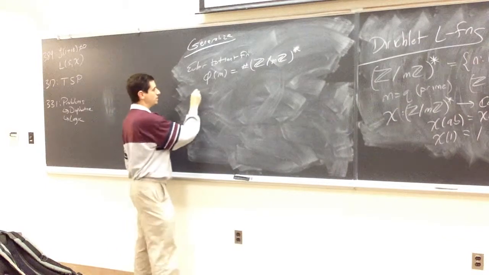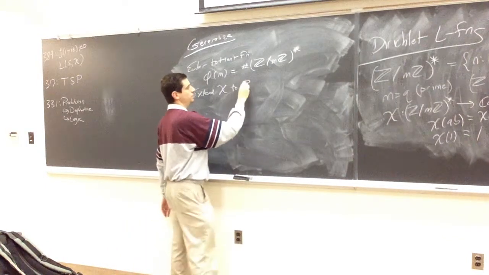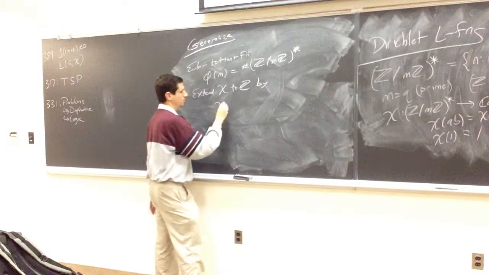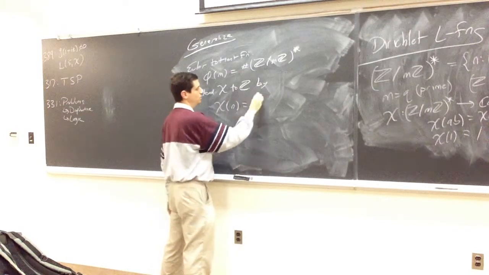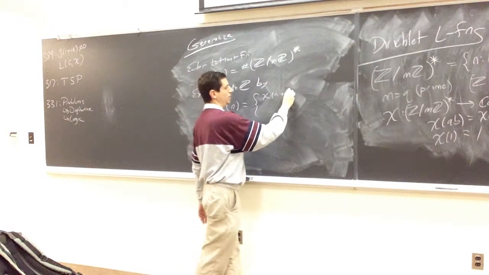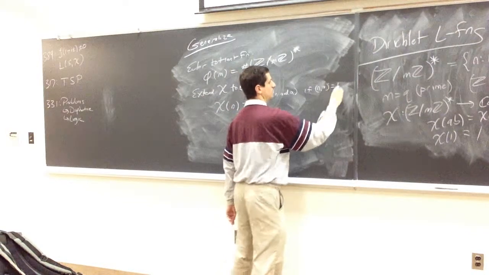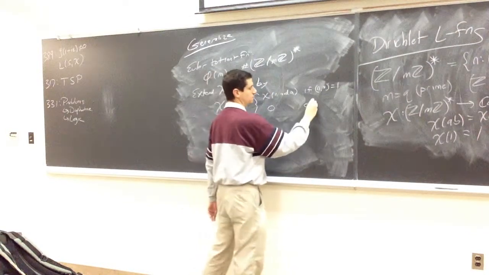And what we can do is extend chi to Z by the following. Chi of little n will be chi of n mod m if n is relatively prime to m, and 0 otherwise.